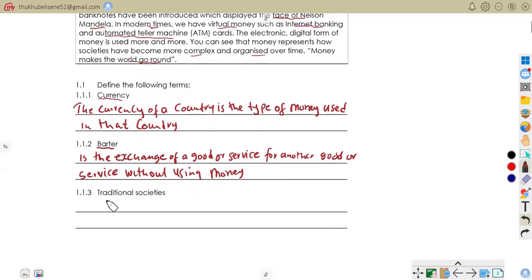Now we move on to where we are asked to define traditional societies.